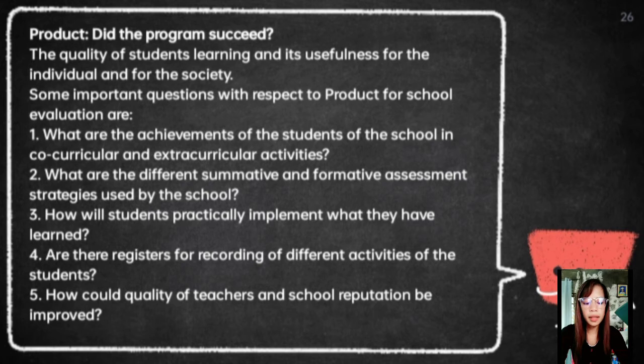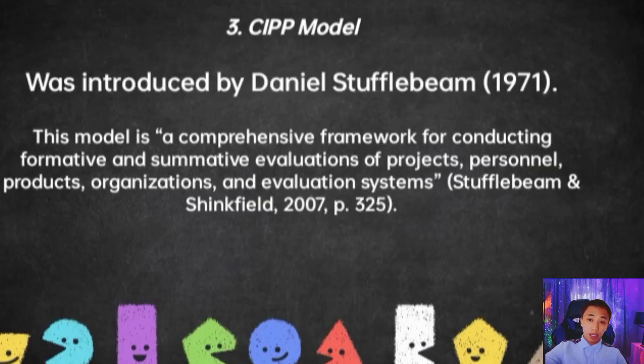The authors believe that the model can help guide service learning project needs assessment and planning, monitor the process of implementation, and provide feedback and judgment of the project's effectiveness for continuous improvement. And that is the CIPP model, where it measures the context, input, process, and product of a certain program.